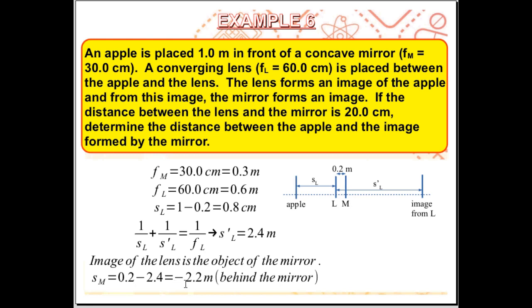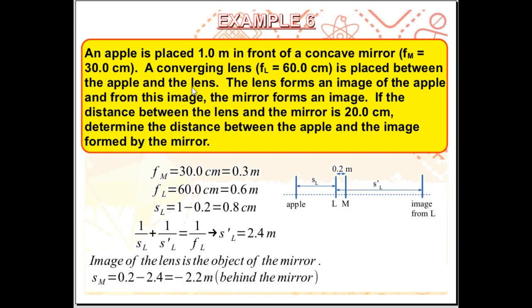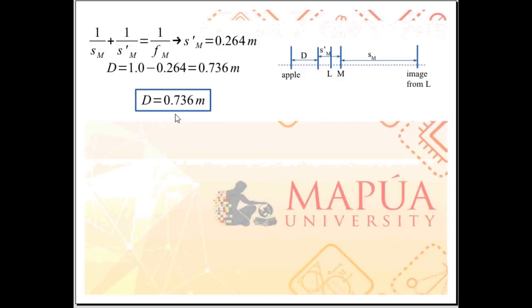That will give you negative 2.2 meters. Negative meaning the object is behind the mirror. So using this object distance, knowing F sub m, 0.3 meters, we are able to calculate SM prime: 0.264 meters.